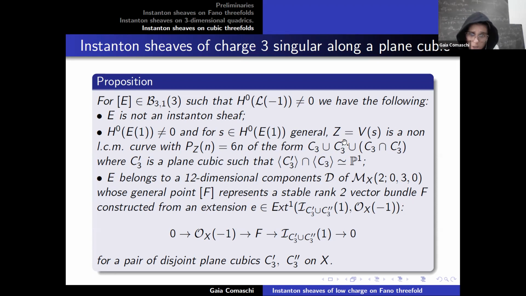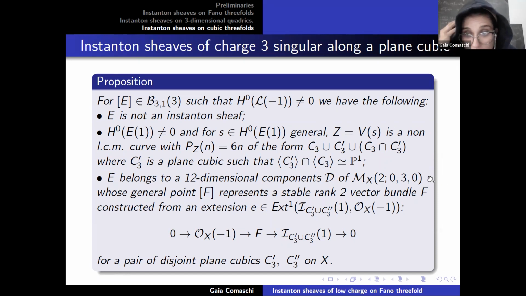Then we have another plane cubic whose linear span is a plane that meets the span of C3 along a line, and then we are embedding the 3 points that are the intersection of this line with the cubic X. And this sheaf E belongs to a 12-dimensional component of the moduli space, whose general point is a stable rank 2 vector bundle that arises from an extension in this Ext group, where C3 prime and C3 second are two disjoint plane cubics on X. So the general deformation of this sheaf is still a vector bundle, but not an instanton.